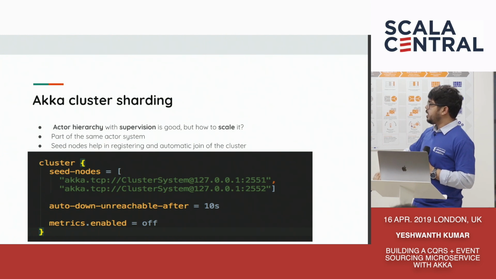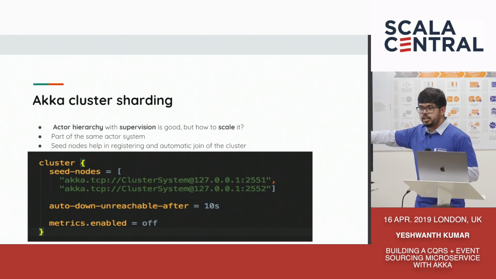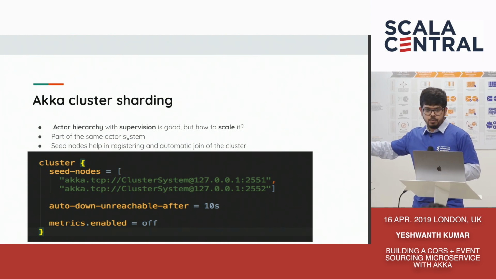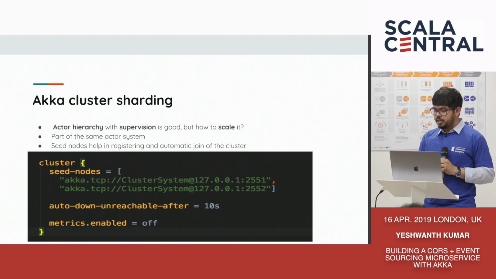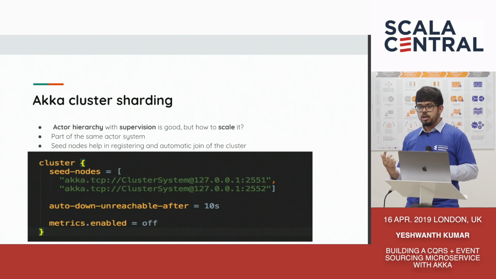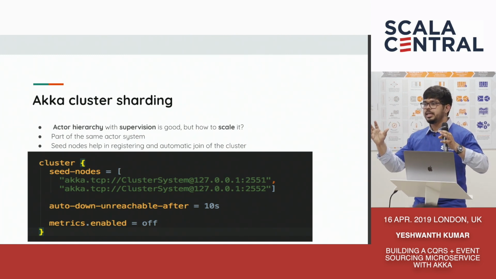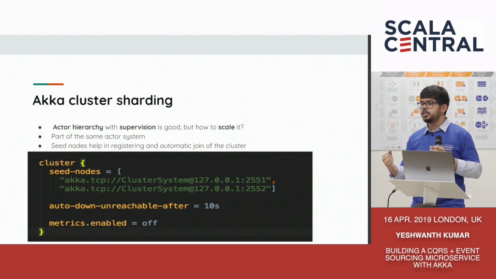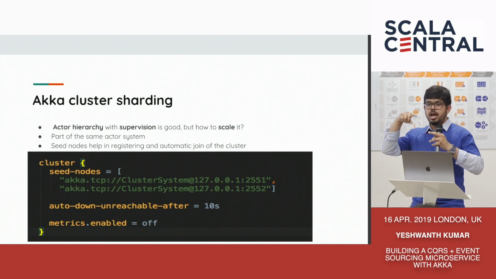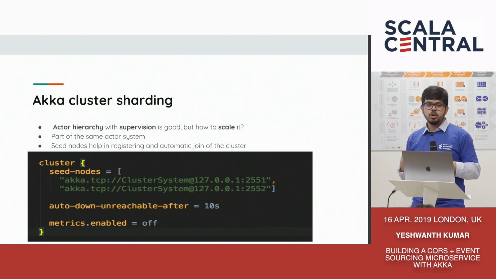To enable clustering, it becomes very easy in our system. You literally need to add this configuration in your app, which I'm going to show you in a bit. It requires a seed node. So you can consider a 4-node setup which hosts these actors, and 1 or 2 would be seed nodes, which use the gossip protocol to make all the nodes talk to each other.